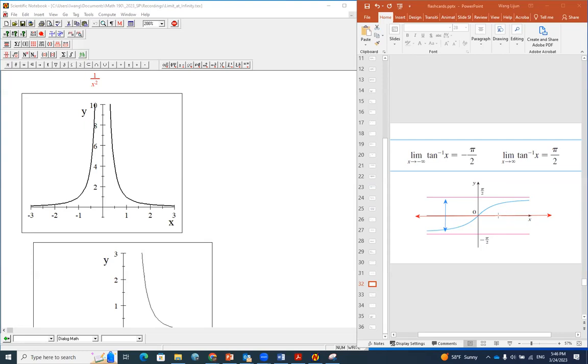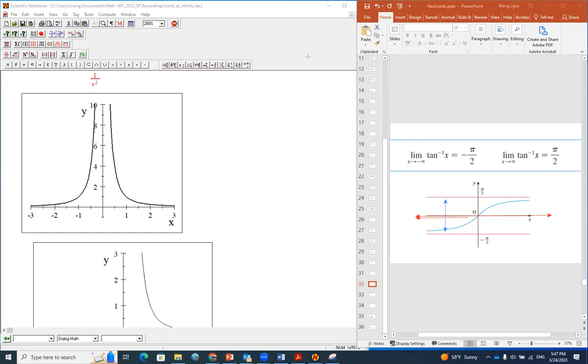And also, as you see, when x is approaching negative infinity, so let me use a different color, the curve is approaching negative pi over 2 from above.